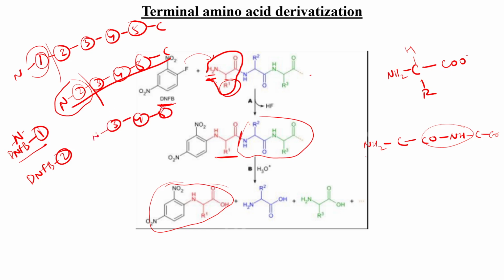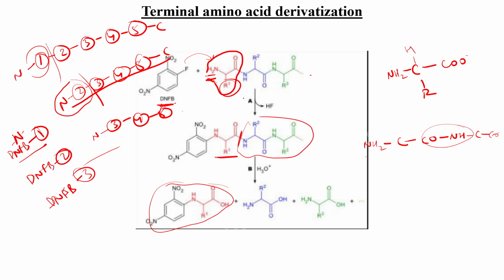Now this becomes the N terminal. Again DNFB will be added, so we will get the third amino acid, then the fourth and fifth amino acid. Similarly, we can get all 5 amino acids in the sequence of a peptide. So this is how we do protein sequencing.